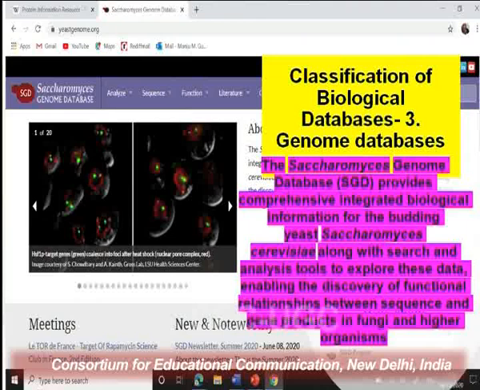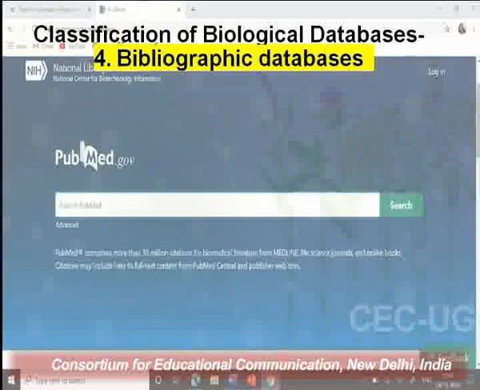You can search this database, and apart from searching, it has analysis tools, and also tools so that we can discover the functional relationship between the sequence gene products in fungi, and we can relate these to the higher organisms. So that way it is a simple one. I just picked up the simplest, the Saccharomyces cerevisiae yeast database. It's a representative of eukaryotic genome databases.